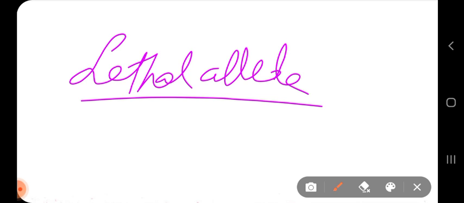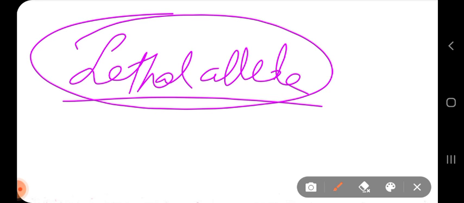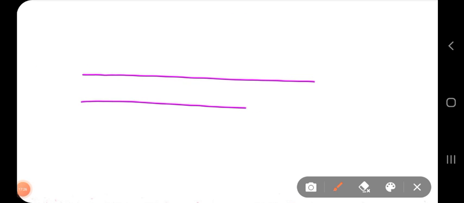So why does a lethal allele occur? You will learn in your DNA repair chapter that a lethal allele occurs when mutation occurs in an allele that changes the function of an essential gene. Suppose, for example, there is a gene sequence.